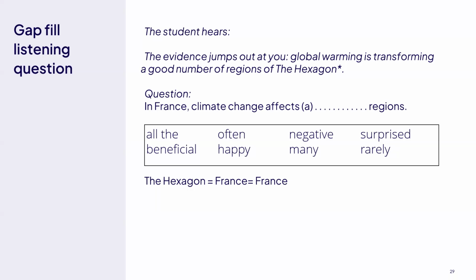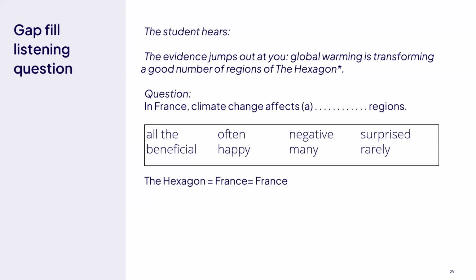So what are we going to do? Many regions, a good number, all the regions. "All" is not correct, is it? "All" is not correct because it says a good number.